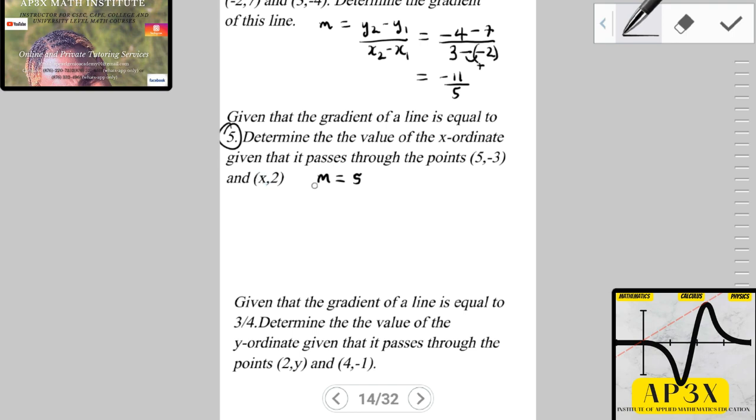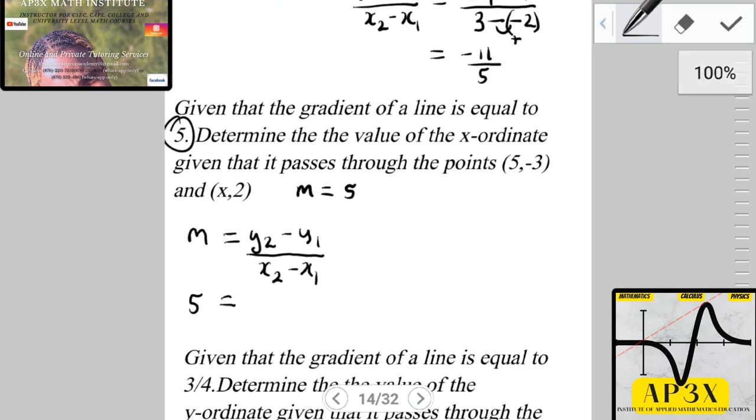Well, we have to practice writing down our equation and doing proper substitution. So we're going to start off by writing down our formula, that is m is equal to (y2 minus y1) over (x2 minus x1). Now the gradient here is 5, so we're going to have 5 is equal to, and before we proceed, let's label our points.